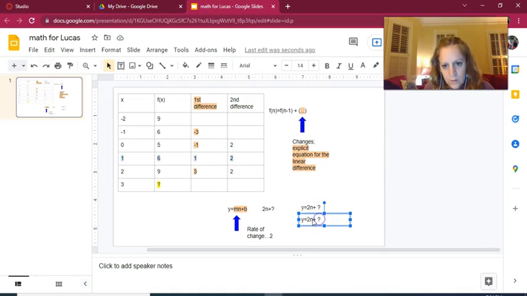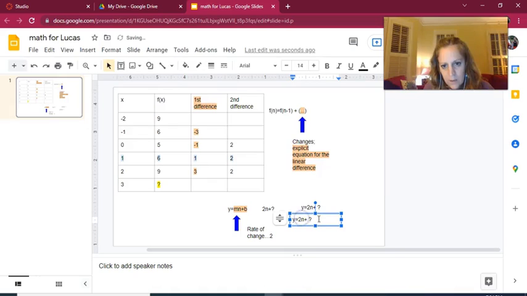We are going to take our 2, and in that n value, we are going to put our x value, which is a 1, and then does that give us the rate of change, which is our second difference? Okay, so it does. We're going to try another one. So let's do 2 times 2. Does that equal... No, I'm doing something wrong now. Hold on.